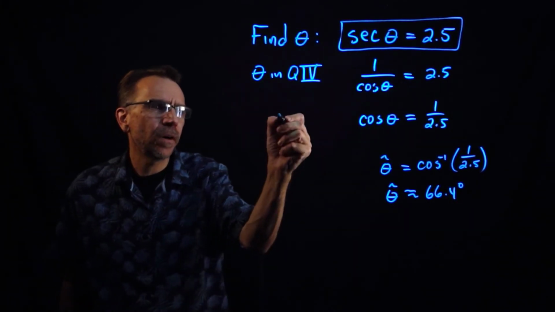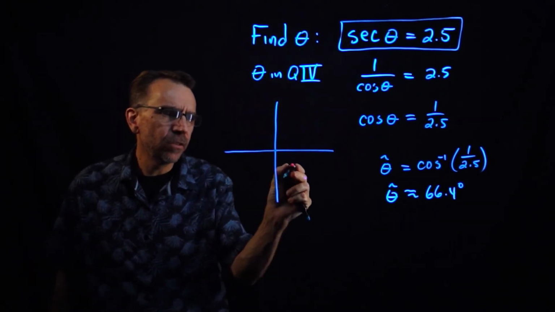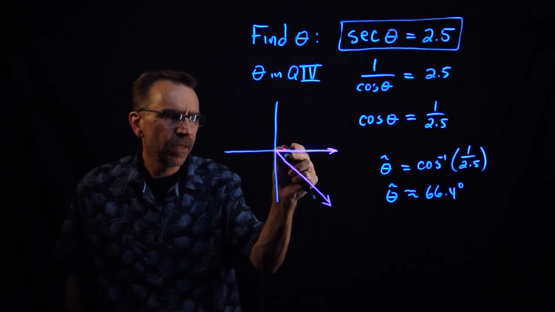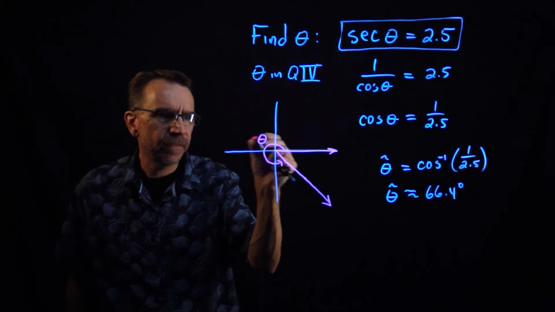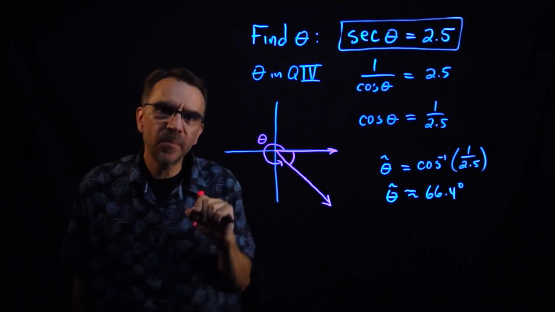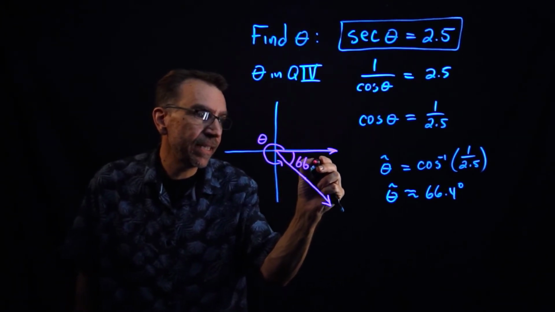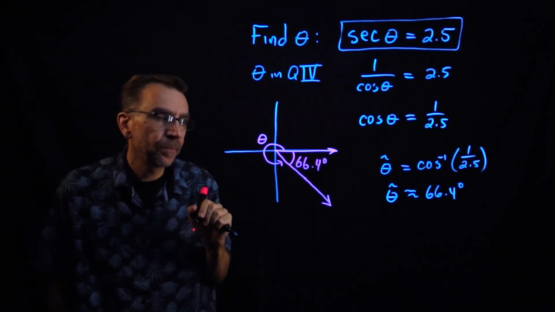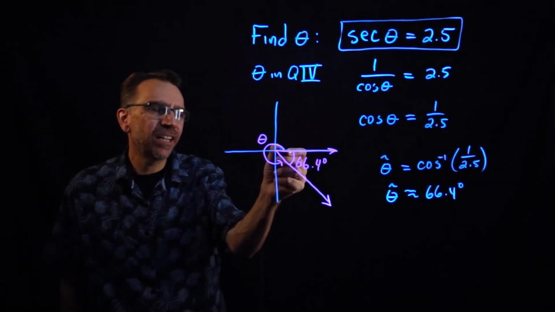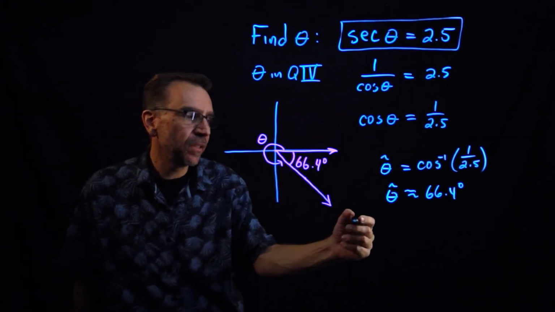Now Q4, let's go ahead and draw that. We have an angle terminating in Q4, so it looks like this. This is the angle that we're after. And the calculator just gave us the reference angle. So the positive acute angle made with the x-axis here is 66.4 degrees. All right, so in this particular case, we're looking at a full revolution, or 360 degrees, minus this little bit.